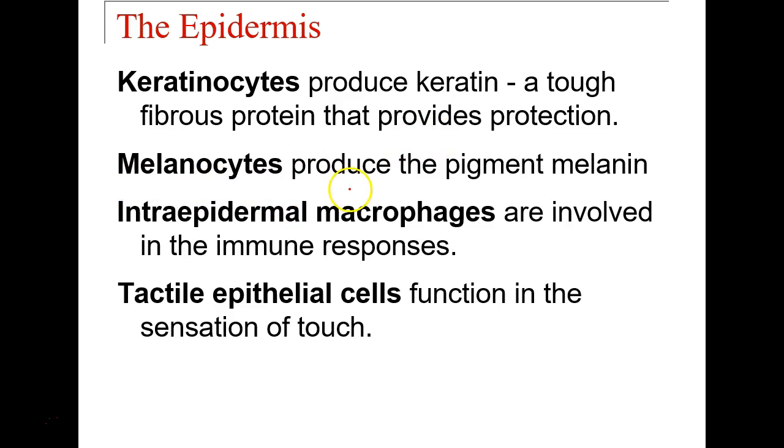Melanocytes produce the pigment melanin, helping keep us from becoming sunburnt. Intraepidermal macrophages help in immune responses. And tactile epithelial cells function in the sensation of touch. Tactile is touch, so that makes sense.